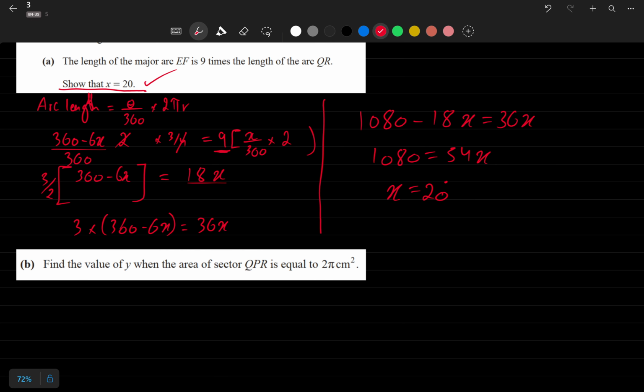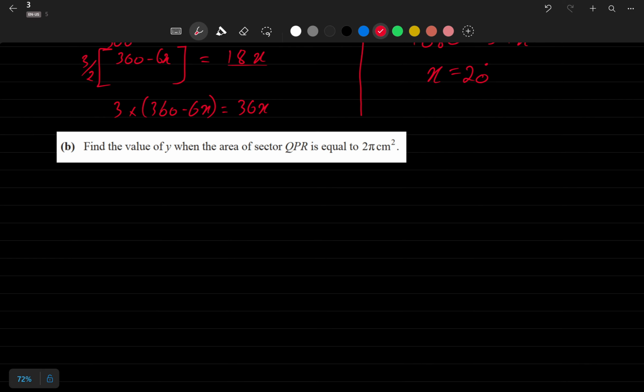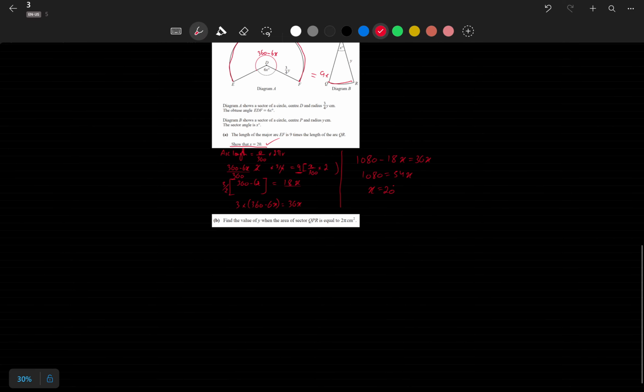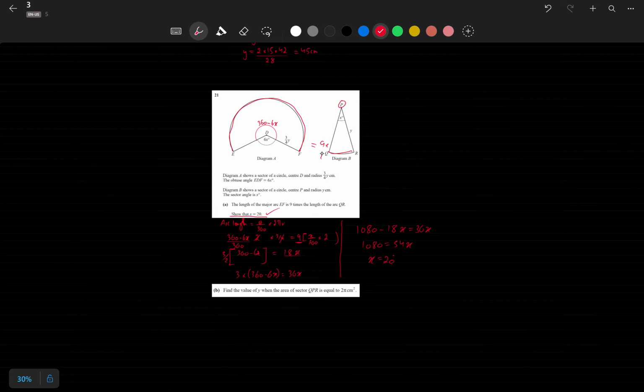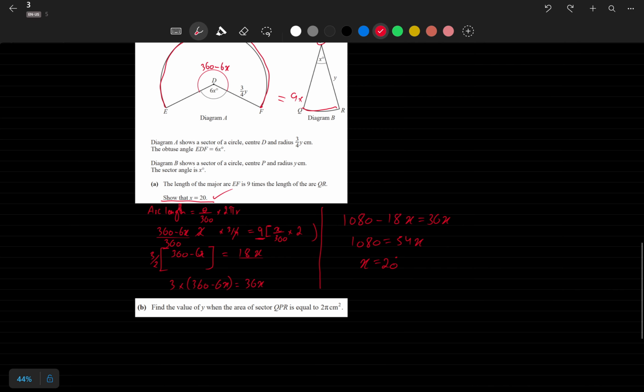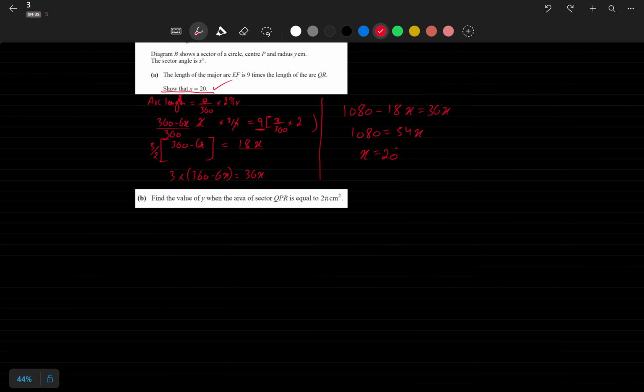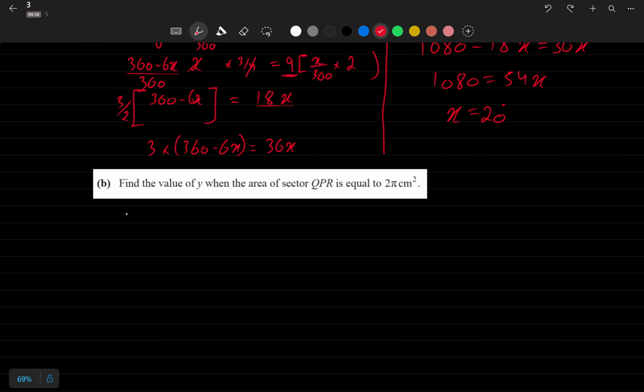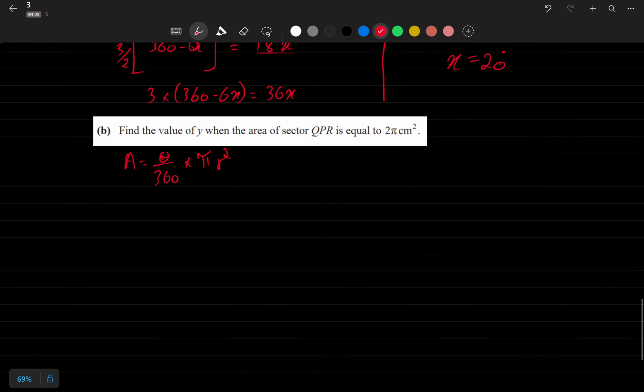This is shown. Now for the B part, find the value of y when the area of sector QPR is equal to 2 pi. We are talking about QPR, the smaller diagram. So the formula for the area is A is equal to theta by 360 multiplied by pi r square.